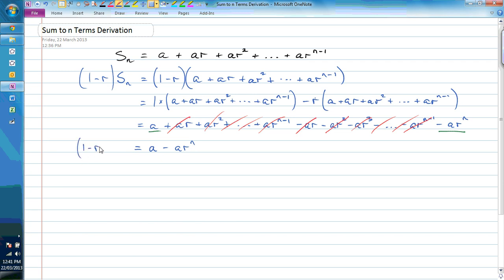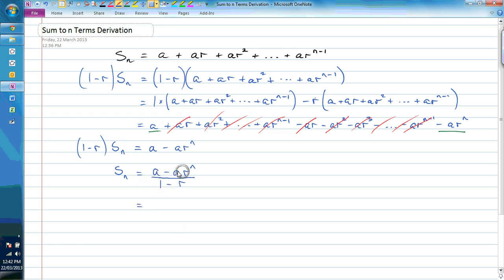Now that's pretty nice, but we can't forget that on the left hand side we've got a 1 minus r times Sn. We just want the Sn on its own. To do that, we're going to do the same thing we do with any equation. We're going to divide by this thing that's multiplied by it. So I'm going to take a minus ar to the n, and I'm going to divide it by 1 minus r.